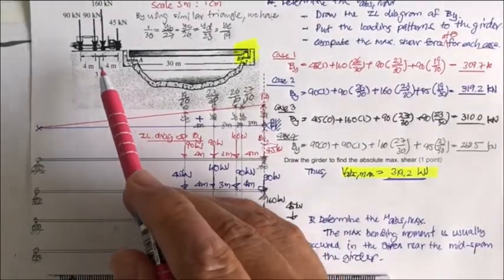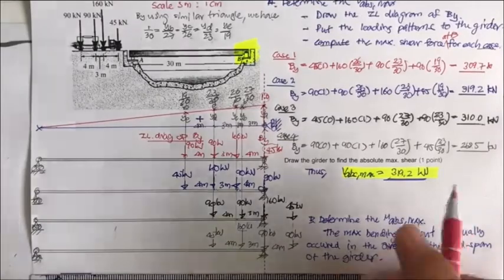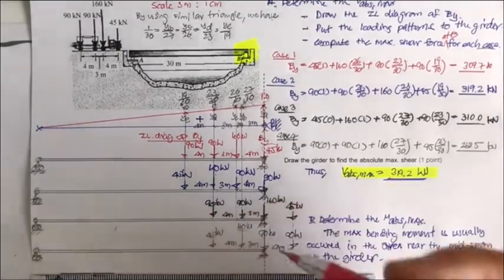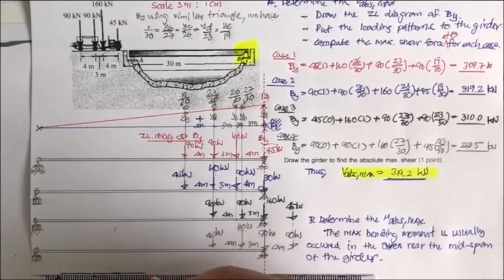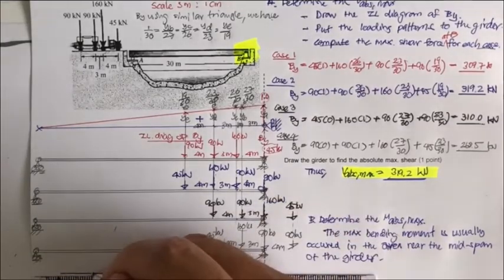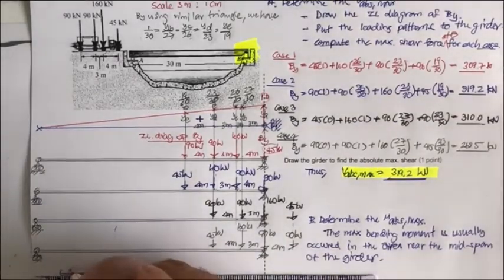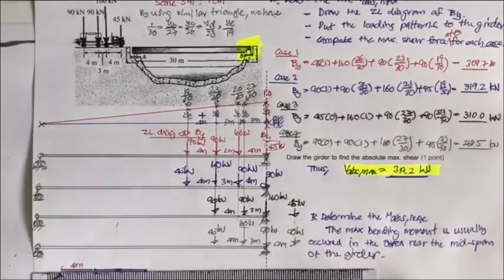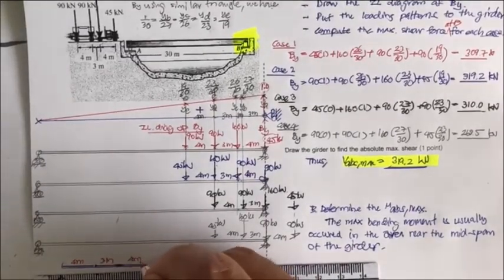So it's going to be 1.3, and then 1, and then another 1.3. Okay, it's going to be 1.3 and 1, and that is 4 meters. Let's see, it's going to be 4 meters and 3 meters and also 4 meters.